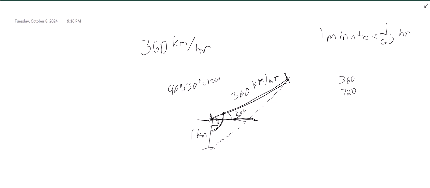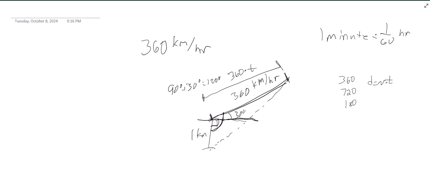What about in half an hour? Well, in half an hour, you'd be at 180 kilometers. So the distance you go depends on how much time you've been flying. In general, your distance equals your velocity times your time. And so the distance on this side, from here to here, is going to be 360 times t.